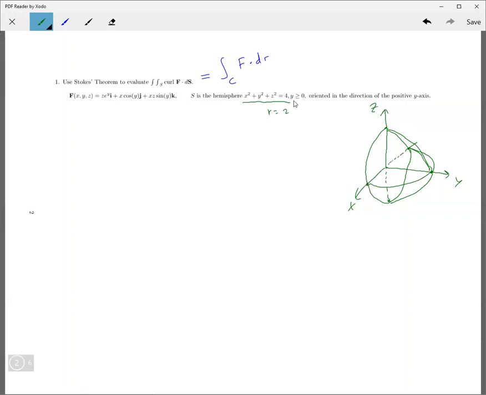The boundary of that surface, because it says y greater than or equal to 0, is going to be this circle right here. So the boundary of S is x squared plus z squared equals 4. Basically you just set y equal to 0, and that gives you the boundary.